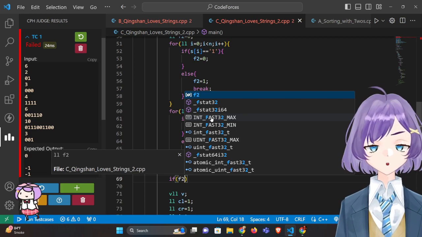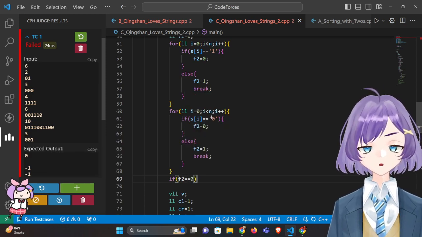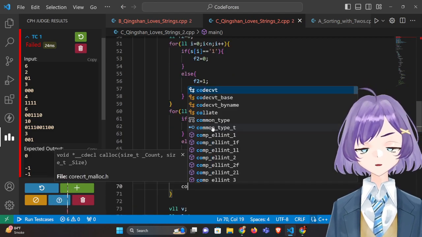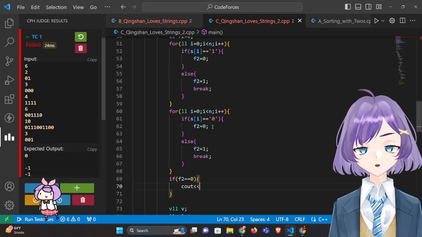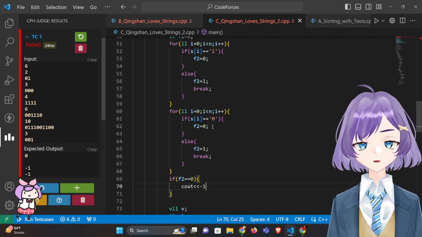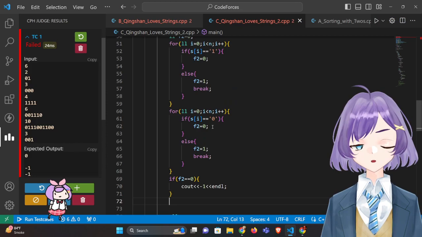If f2 is equals to still 0. See out now. Dot -1 and else.